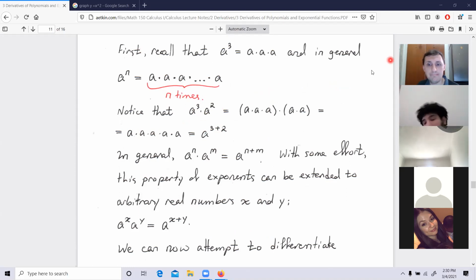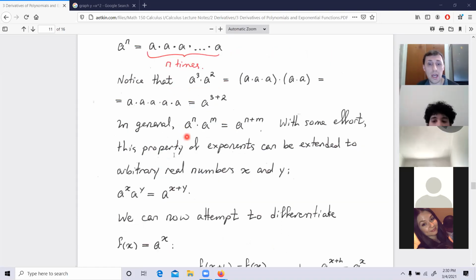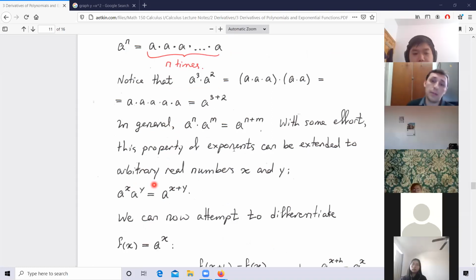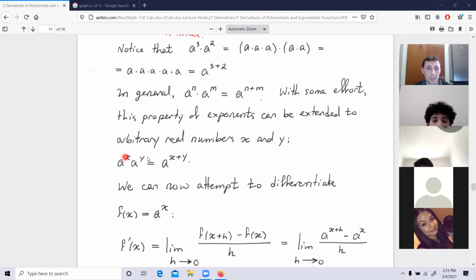I'm not going to torture you, but it's possible to establish this exponential law for any real numbers x and y. To establish it and actually know it well will take some effort. You can think about what fractions mean, but it ends up being true even when the powers are not integers. Good?